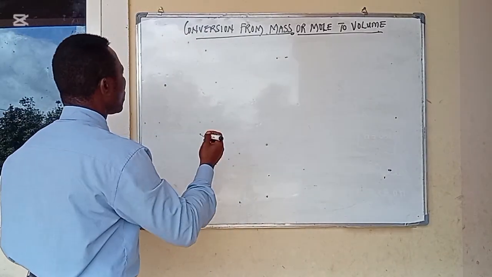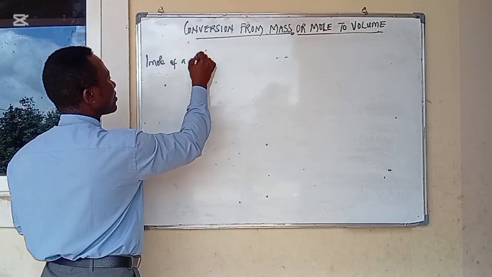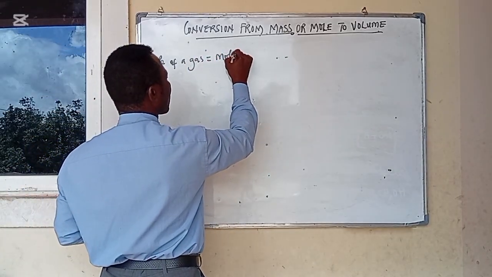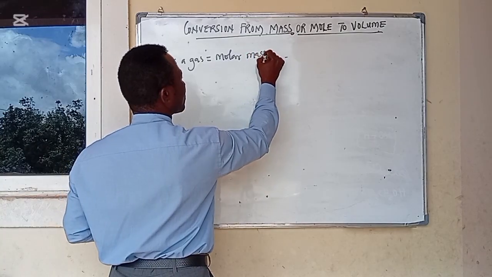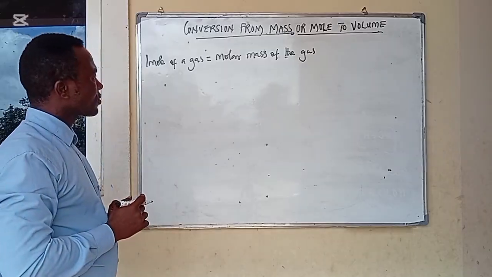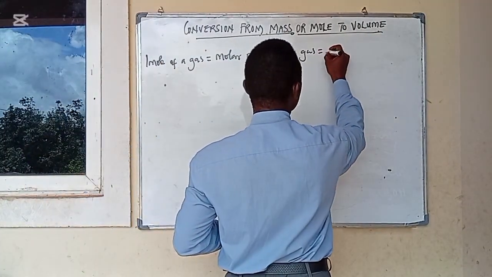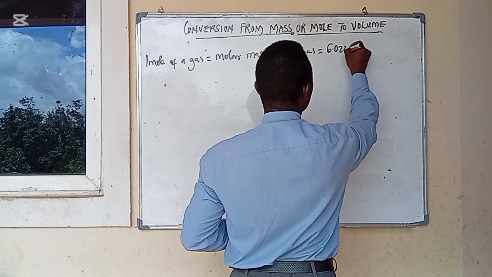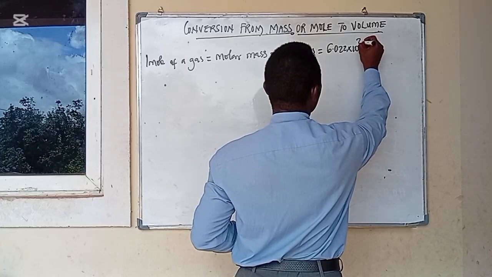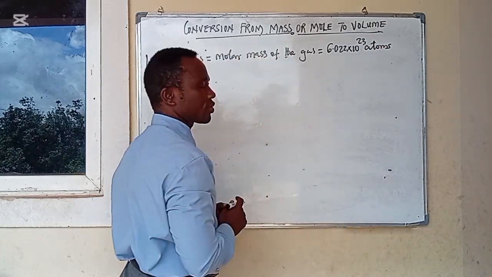So we need to know that 1 mole of a gas is equal to the molar mass of the gas, and is also equal to 6.022 times 10 raised to power 23 atoms, if you like, particles.